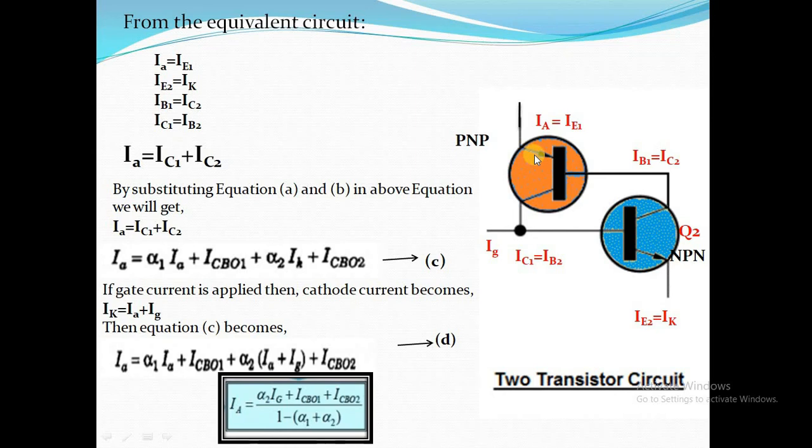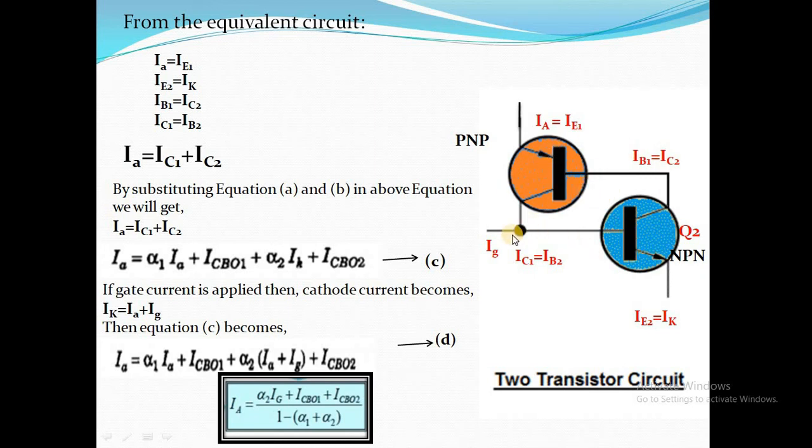Once the first transistor turns on, its collector current starts flowing, and this collector current is the same as the base current of the second transistor. So here, by applying a gate current, we are making both the transistors turn on, and once these two transistors turn on, their collector currents flow to each other.